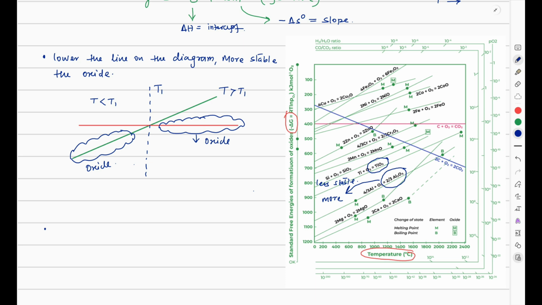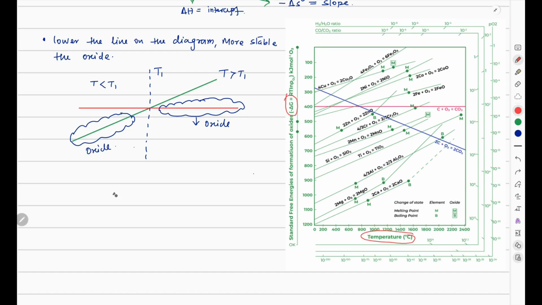Now we will understand this with the help of an example from the Ellingham diagram. Suppose that we have taken the CO2 line, the formation where C plus O2 gives CO2, and another line, where 2C plus O2 gives 2CO. In this case we will see that this temperature is around 800 degrees Celsius.